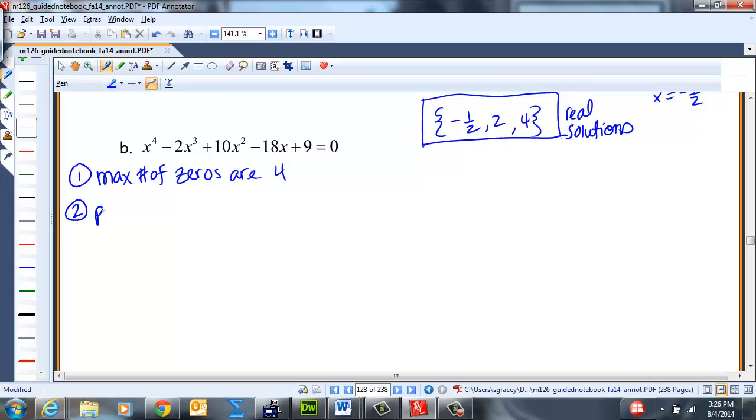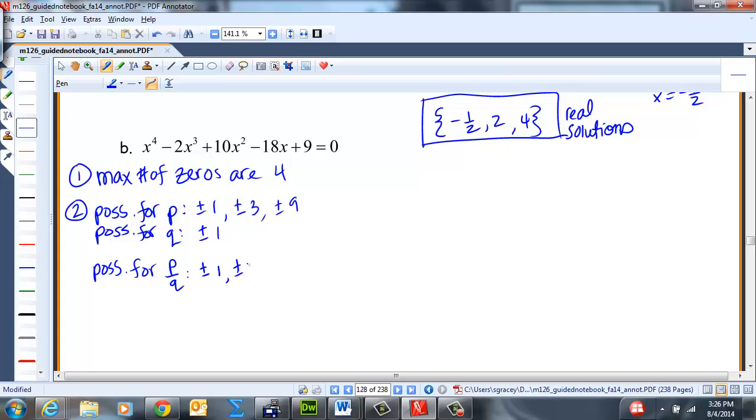So possibilities for P, possibilities for Q. So P is a factor of the constant term, so plus or minus 1, plus or minus 3, or plus or minus 9. And then Q is a factor of the leading coefficient, we have plus or minus 1. So the possibilities for P over Q are plus or minus 1, plus or minus 3, or plus or minus 9.